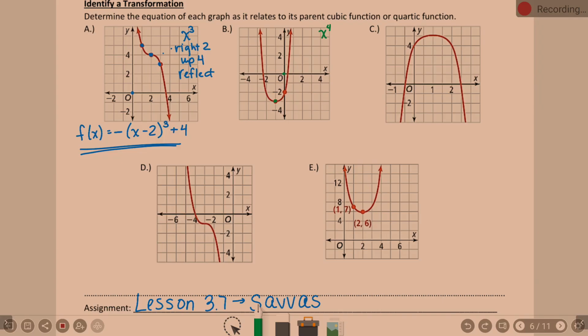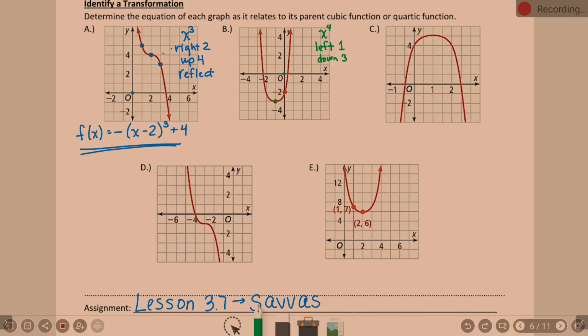So I'm going to list that as left 1, down 3. It doesn't reflect. We've got our left and right, up and down. The other thing I ask you to always consider is, is there vertical stretch or compression? And here's what I would look at.